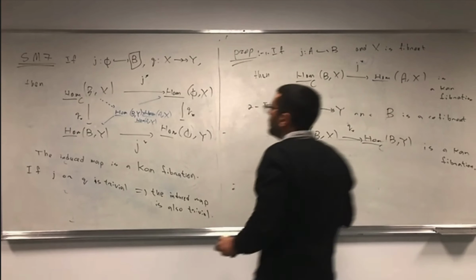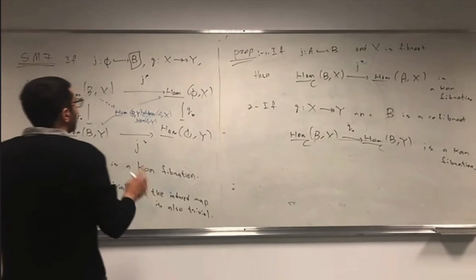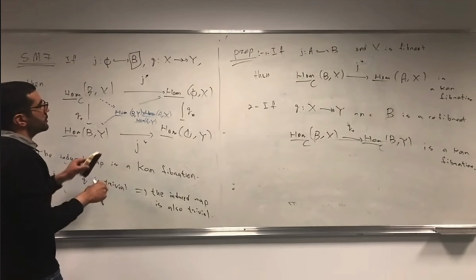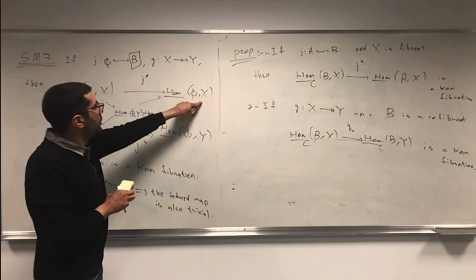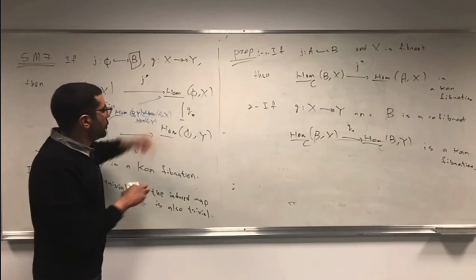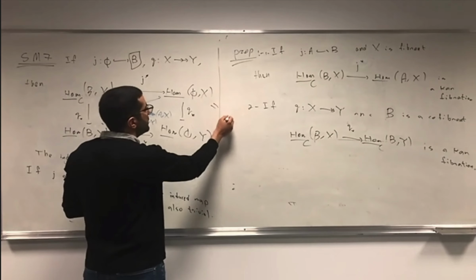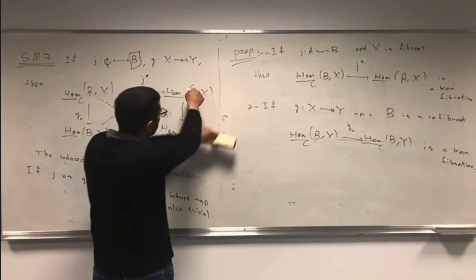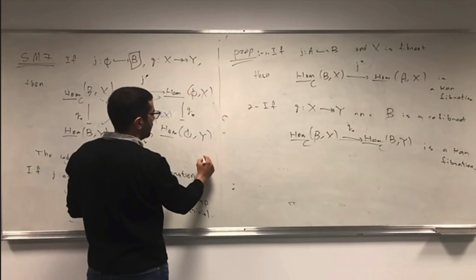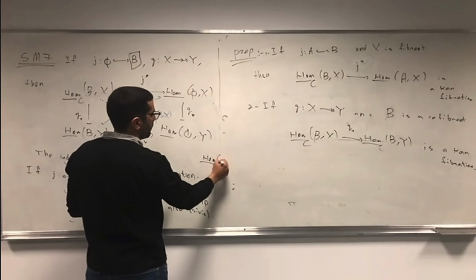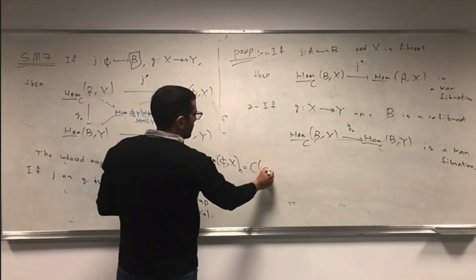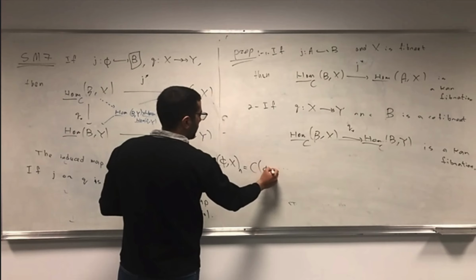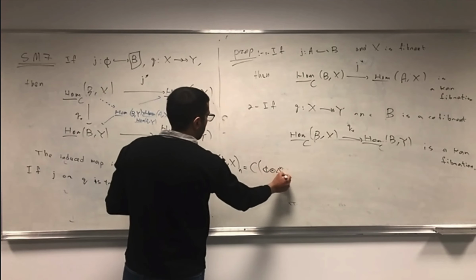Sorry. So actually one can say, but here is the point: this will be a point, just a point. Why will this be a point? Because the n-th place of this will be C, this tensor with delta n, X, right?